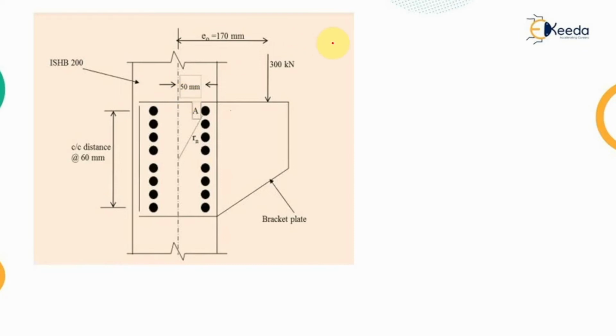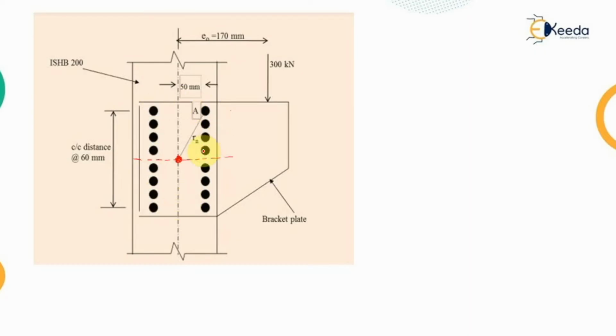Now looking back again at the diagram, we will calculate this Rn value and summation R square value directly from here. So these are the bolts provided in the connection. If we take a look at the centroid of the bolt group, this will be along these two lines. Now we know that the critical bolt will be at the four extreme corners of the bolt group.